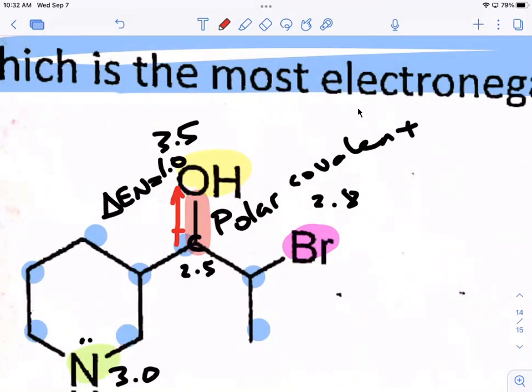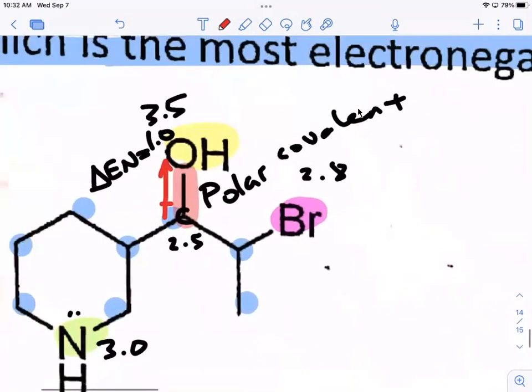All right. What about the carbon-bromine bond? What's the difference in that? Because there's a carbon here. The difference in electronegativity here is 0.3.